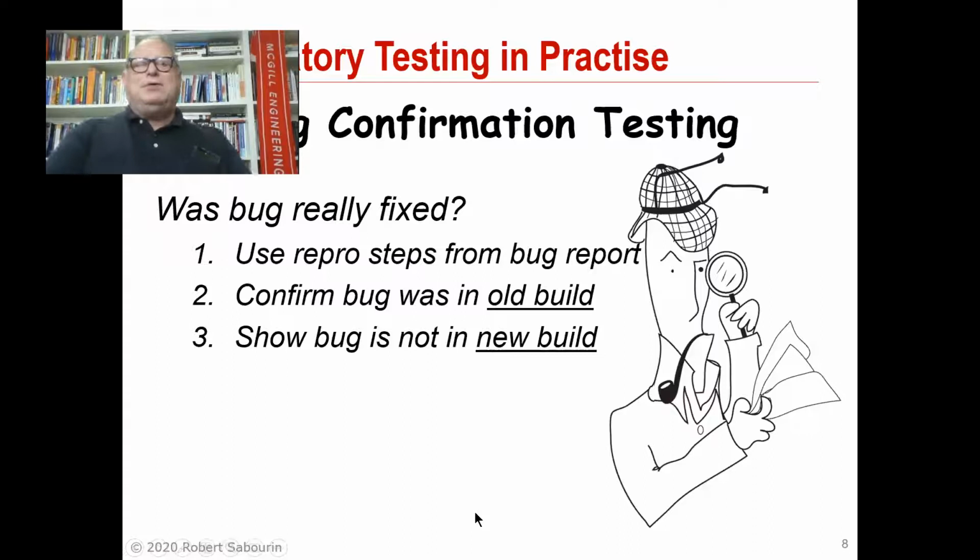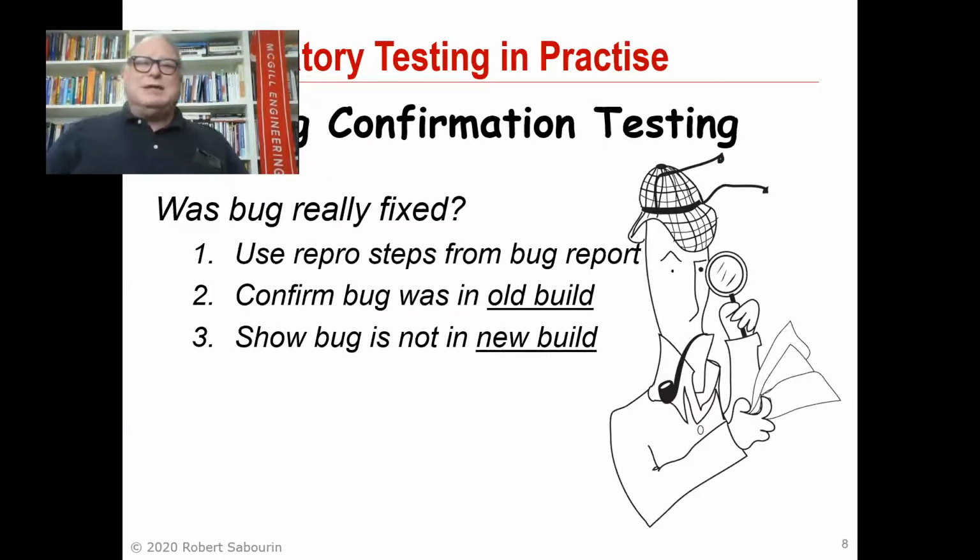So one approach to bug confirmation testing is to basically start by using the reproduction steps. Usually this is in the bug report, how to reproduce the bug, the steps you'd go through to reproduce it. So the first thing you do is you get a hold of those steps. They're very often in your bug documentation, in your bug report. We're going to confirm that the bug really is in the original build.